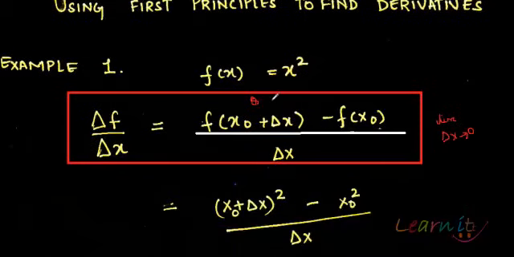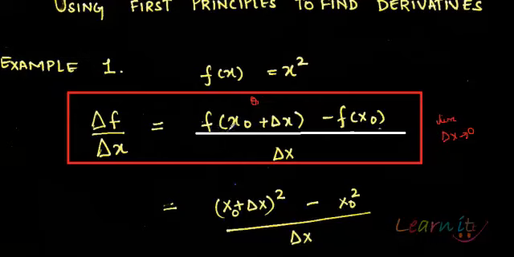So now just putting in our values, x square is our function. So now my new function becomes (x naught plus change in x) square, because my new point is x naught plus change in x. So f(x naught plus change in x) equals (x naught plus change in x) whole square, minus x naught square, upon change in x.